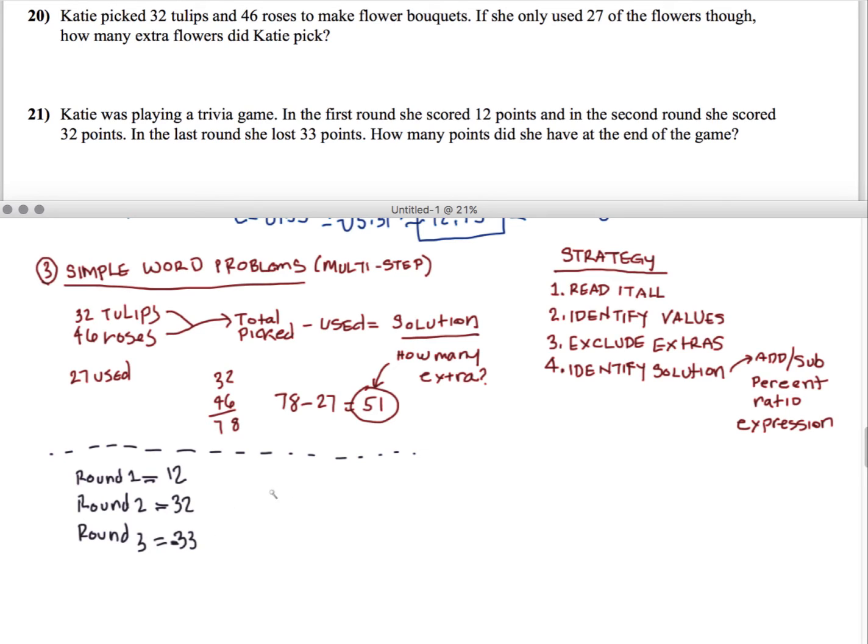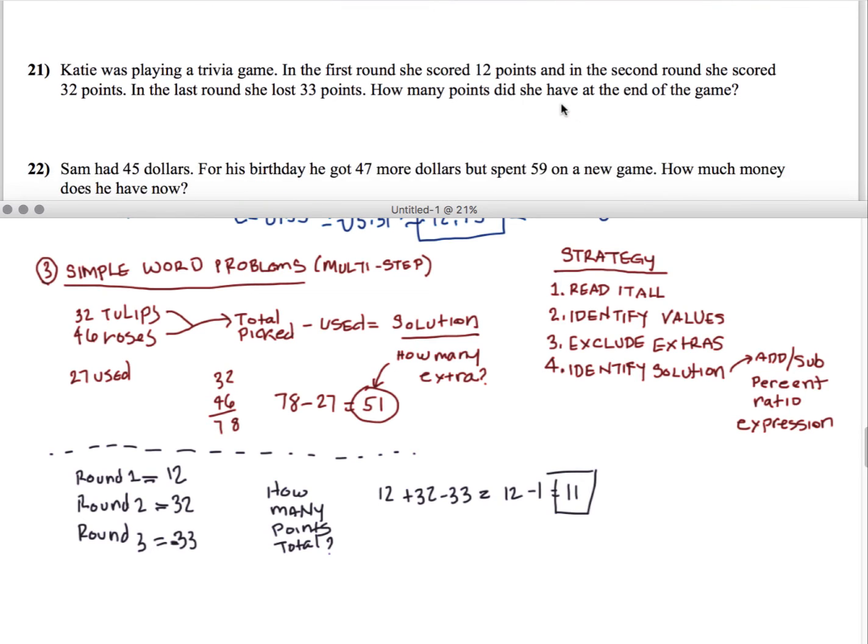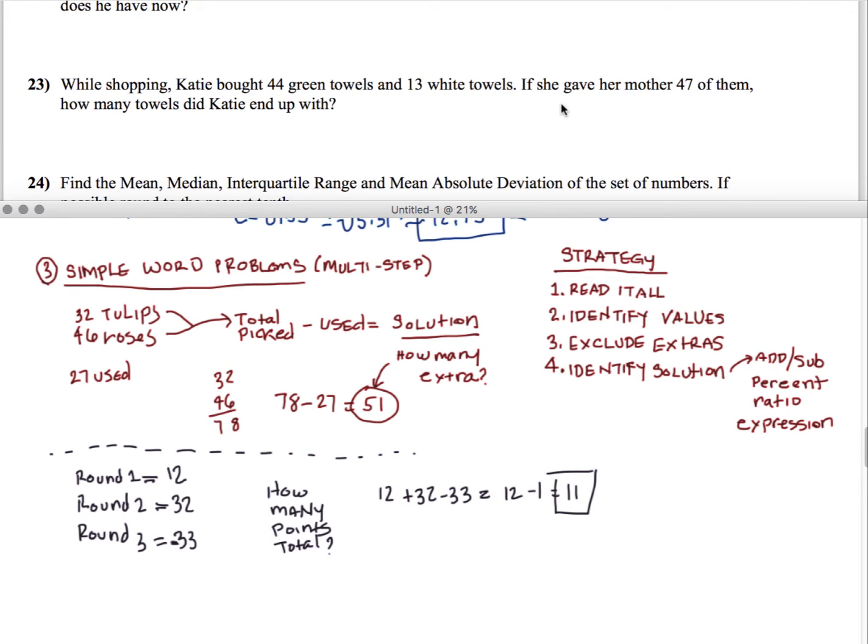So how many points did she have at the end of the game? Well, at the end, it's just going to be the sum of all 3 numbers, right? So if the sum is plus 12, plus 32, and minus 33, that's just 12 minus 1, which gives us 11. Pretty simple, huh? These are fun.